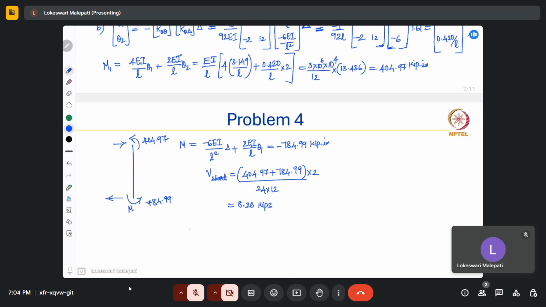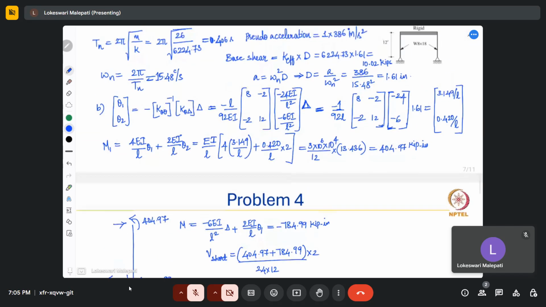So the total base shear must be the summation of base shear at the short column and the long column. So we know the total base shear. V total is equal to V short plus V long. So this is equal to the total base shear.